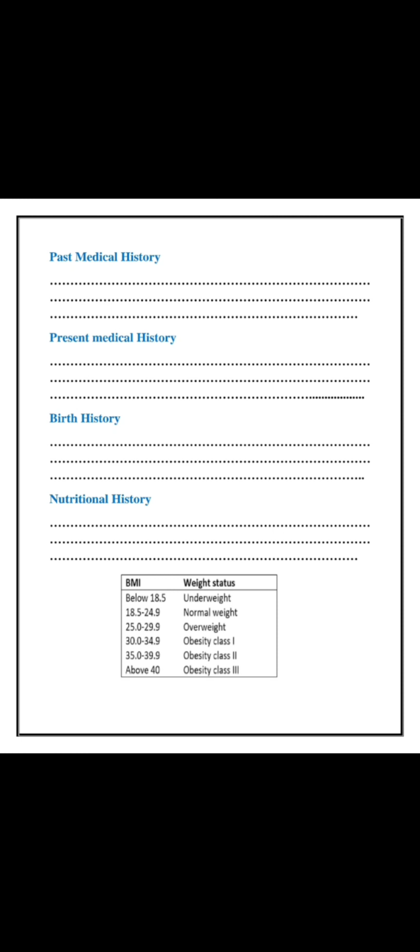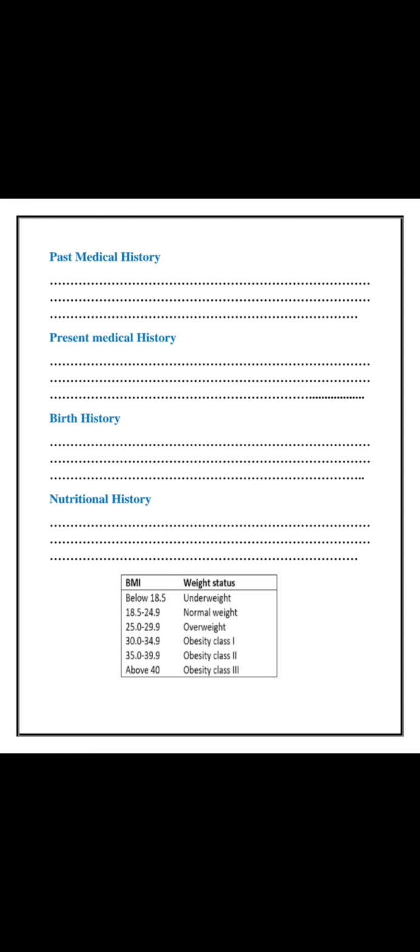Here one tabulation form is there. You can see here, according to the BMI we can check the weight status of the person. If BMI is below 18.5, then the patient is underweight, and between 18.5 to 24.9, then the person is normal weight.